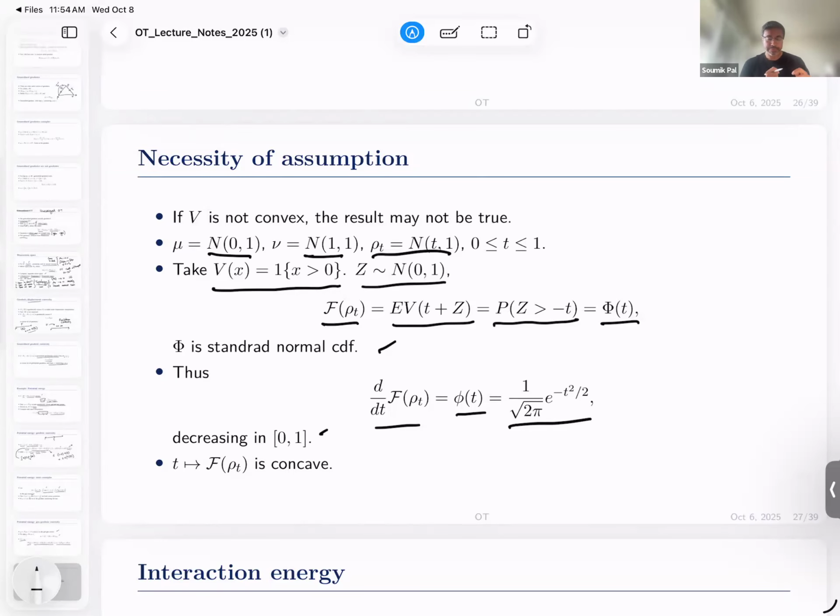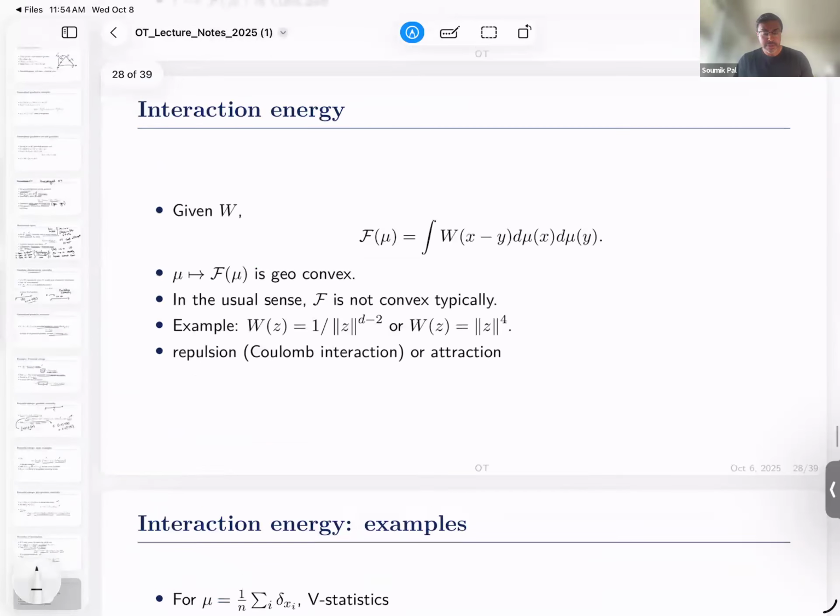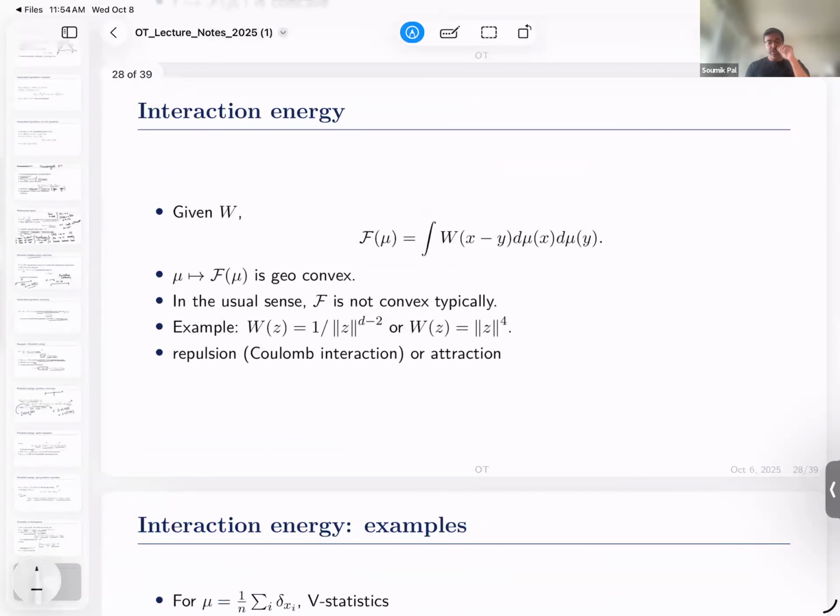Okay, all right. Now let's go to another class of examples. Given a function W, I want to compute the following object, which is a function of mu: the integral of W(x - y) d mu(x) d mu(y).